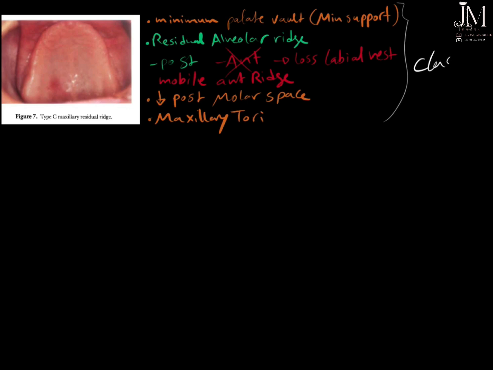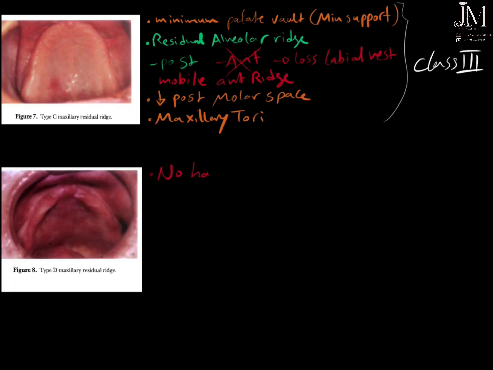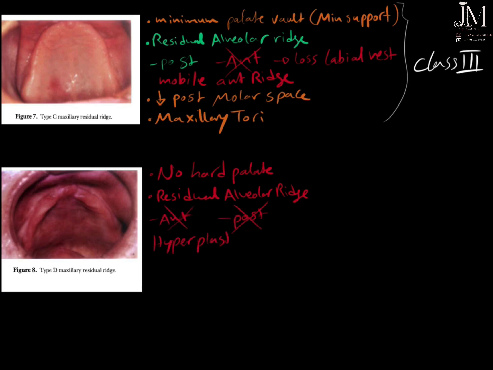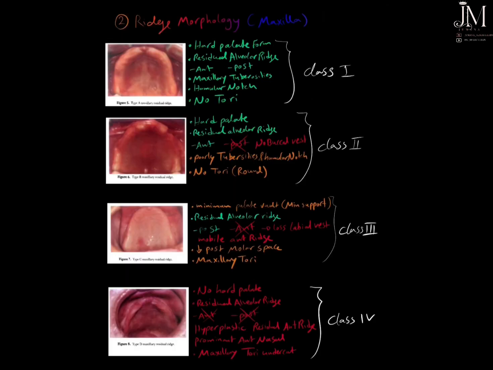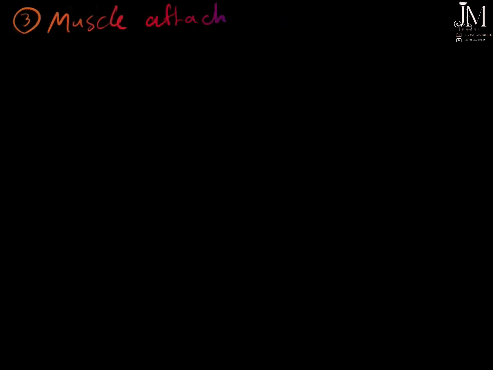Maxillary tori with bony undercut do not affect the extension of the denture base. Type D: no hard palatal form or residual alveolar ridge to resist vertical or horizontal movement of the denture base, a hyperplastic residual anterior ridge, prominent anterior nasal spine, and maxillary tori undercut that interfere with posterior extension of the denture base.